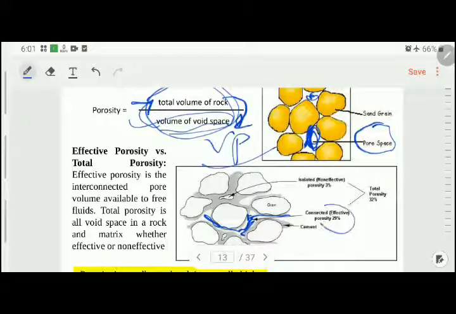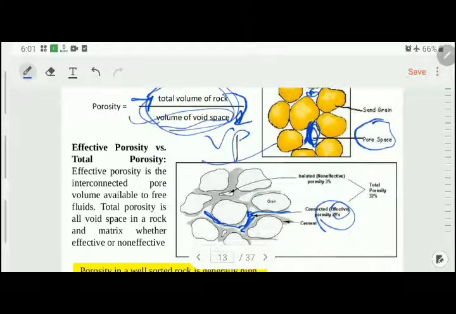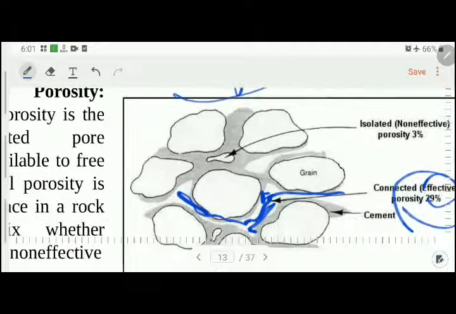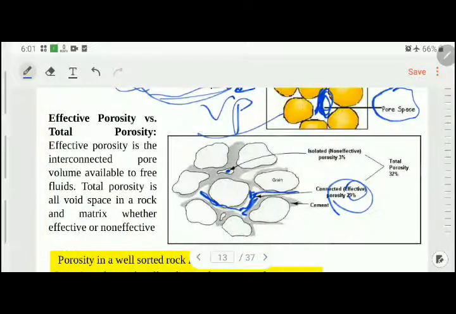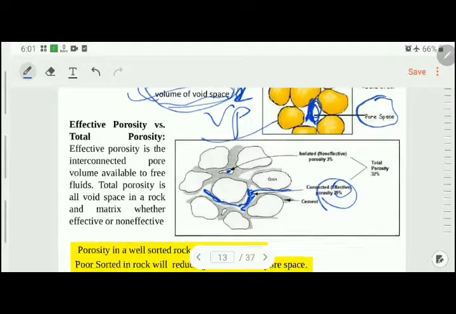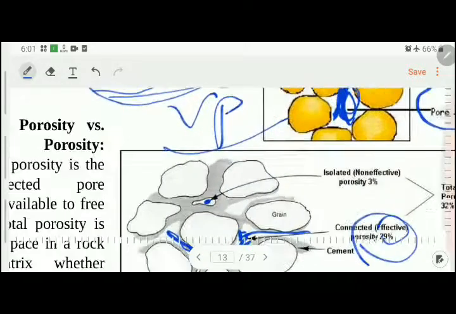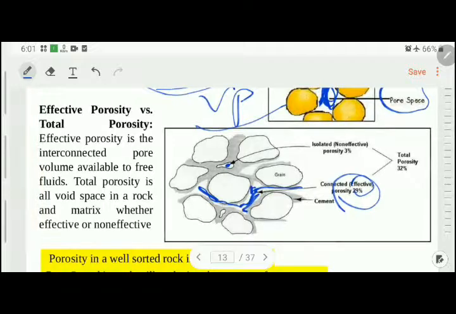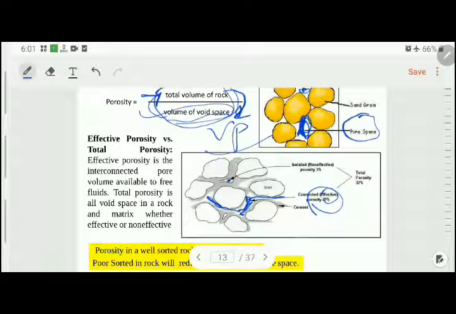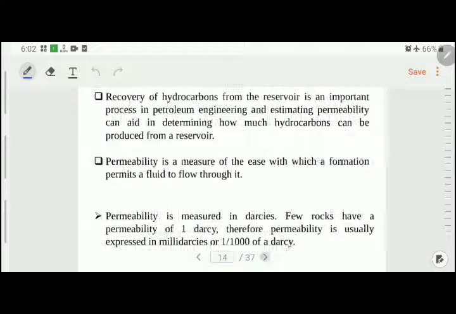Okay, it can be just like 29%, which is the effective one, and the non-effective one, inside this rock there is some porosity, but it's not connected. They called it the non-effective one, which is just 3% porosity. So the total porosity here is the sum of the non-effective and the effective one.